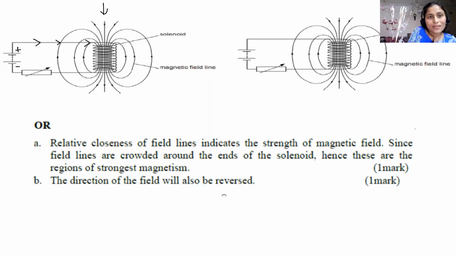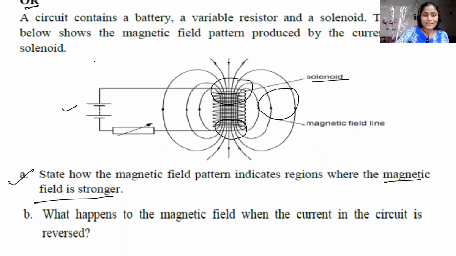So whenever I say clockwise, that means it is in this direction. Which pole will this be? This will be south pole, right? As you can see, the magnetic field lines are entering into this, emerging here, and entering here, right? So from north to south. So this is north pole and this is south pole. It is clear. But they are asking us what will happen if the current in the circuit is reversed.